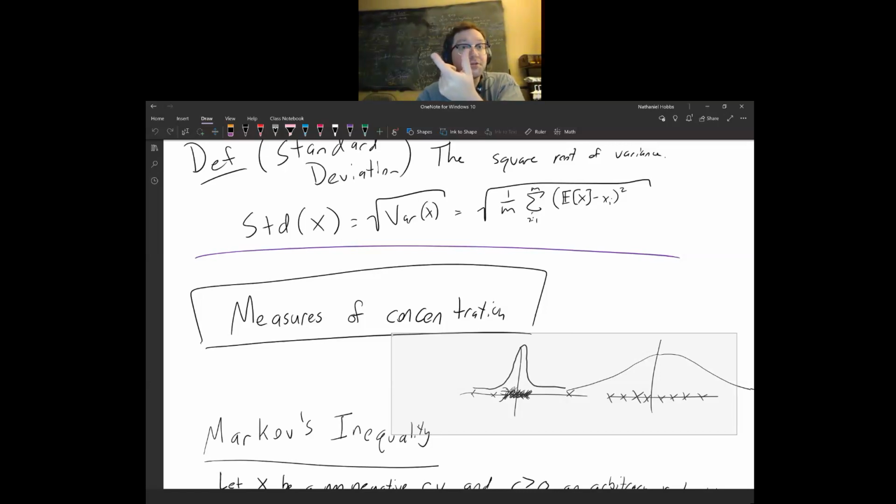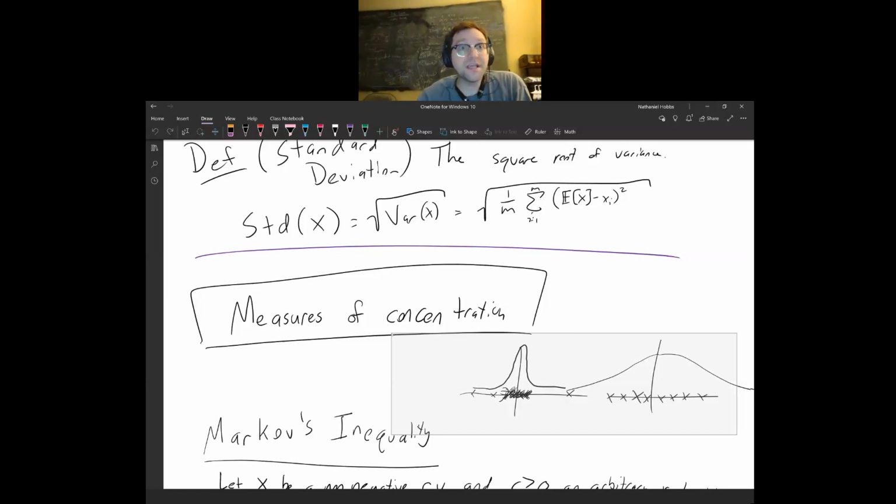Chebyshev measures concentration to the width, to the fatness of the random variable. So if you have a very thin random variable, like on the left, Chebyshev will notice the thinness of that curve. If it's really fat, then Chebyshev will notice that this is a very fat thing and take that into consideration, where Markov only looks at the straight line, up and down.